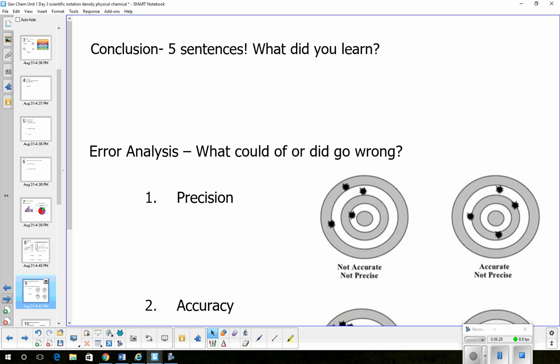Okay, so to find percent error, if you want to do redneck, it's what I got minus what I should have got, divided by what I should have got, times 100. So in other words, the difference between what I got and what I should have got, divided by what I should have got, times 100. Don't even bring an English teacher in here. It'll never work.